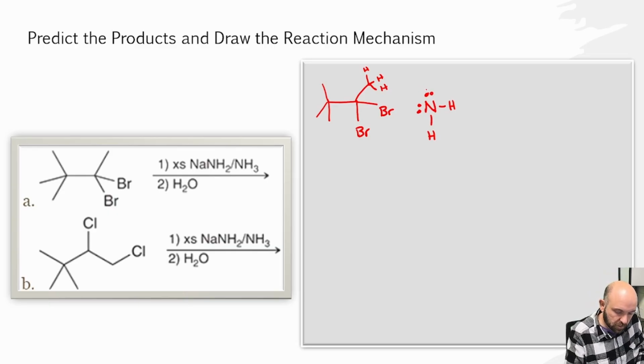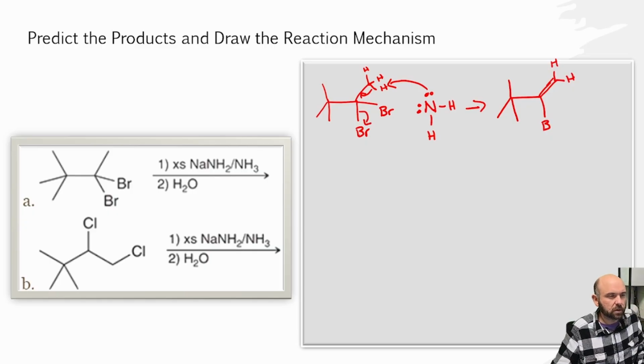So we will have proton transfer. This pair of electrons in that bond will move down there. And the first elimination reaction gives us this product, showing the loss of the leaving group there.